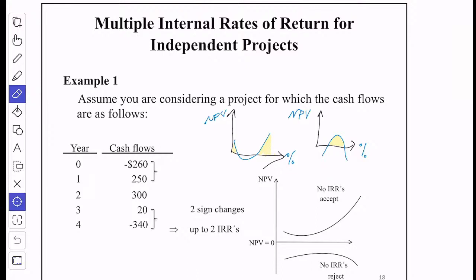What if the curve looks like this? What do we do? So this is the NPV profile. NPV is always positive. There are no IRRs at all. It never crosses the 0. What do we do?